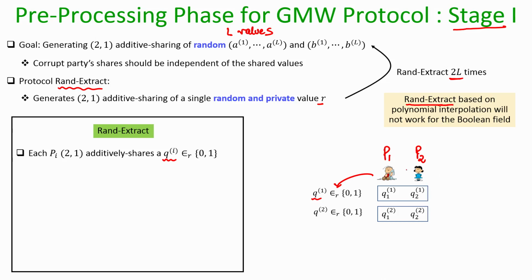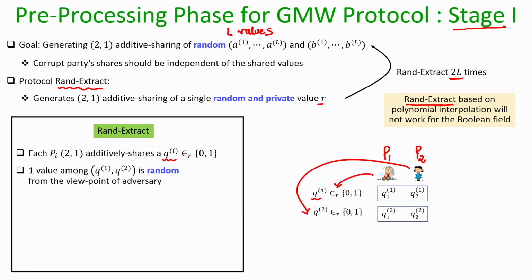In the same way, the second party picks a random bit Q2, acts as a dealer and secret shares it as per the additive secret sharing. And remember, additive secret sharing here means the addition operation is the XOR operation.